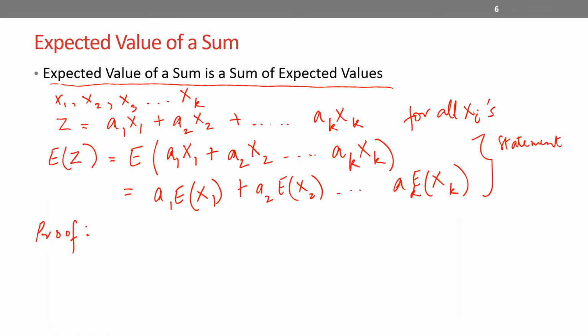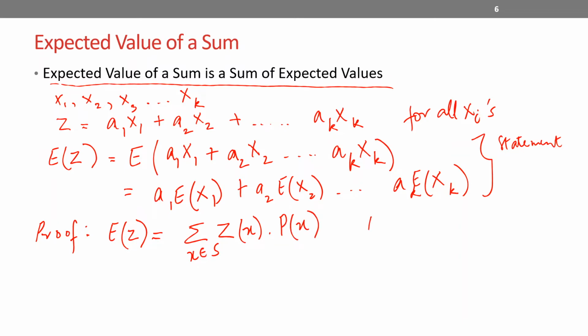right? By definition of expectation, E of z is given by, and this goes back to our previous lecture, so you can go and refer to those slides. But by definition, for all x's that belong to S, which is my sample space, because z is my random variable, so I'm just using that for all values of the random variable, for all x's, z of x times the probability of x, right?